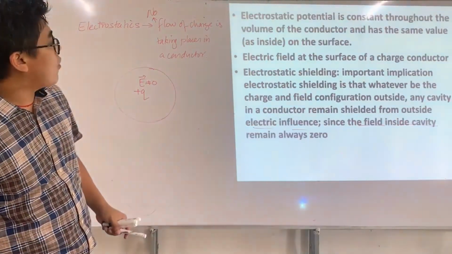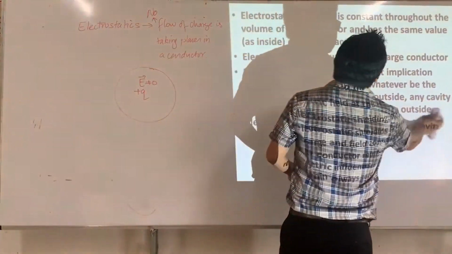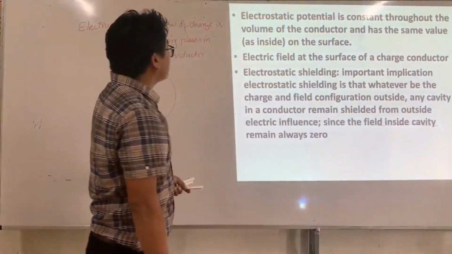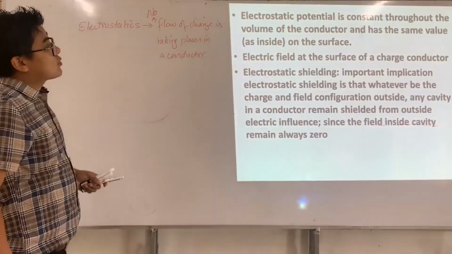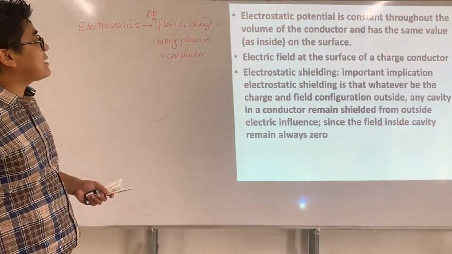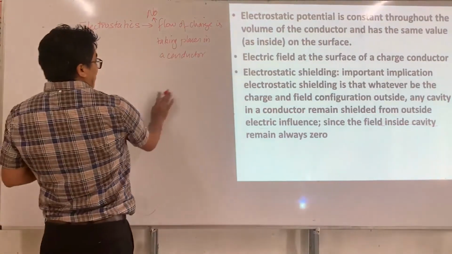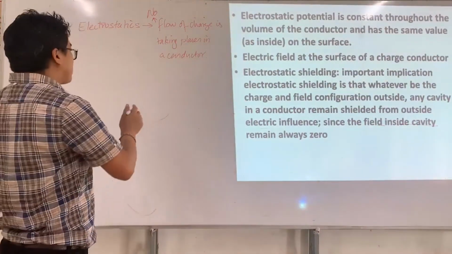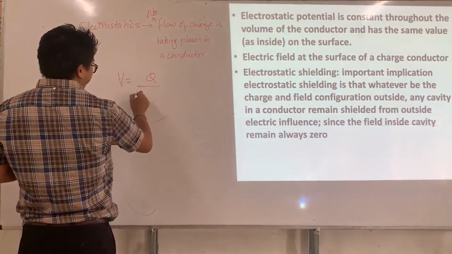Now point number 4: electrostatic potential is constant throughout the surface, constant throughout the volume of the conductor, and has the same value as inside or on the surface.